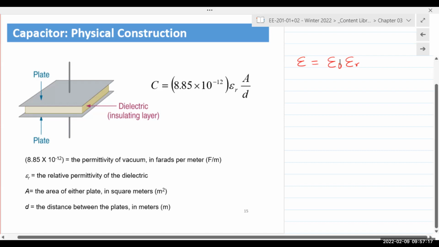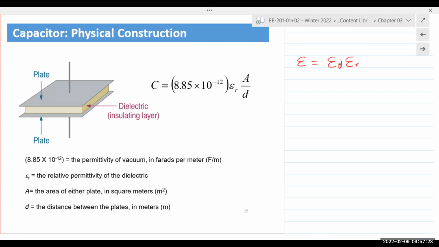A is the cross-sectional area, and D is the distance between the 2 plates, or in other words, the thickness of the insulating material.